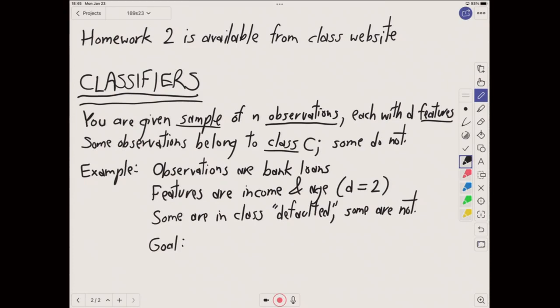Our goal is prediction. In this case, we want to predict if future borrowers are going to default, given their income and age, but no label to tell us in advance what's going to happen.